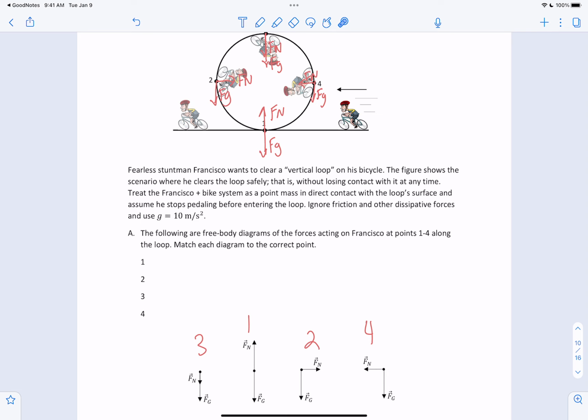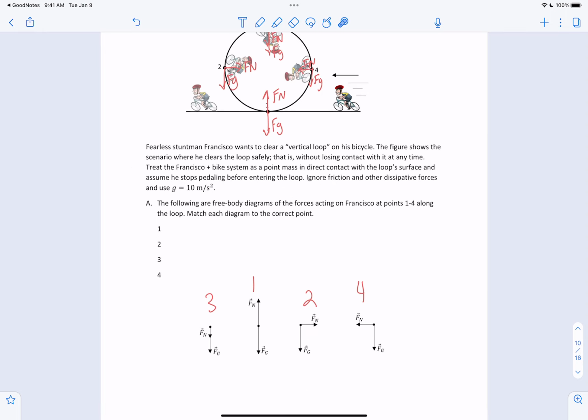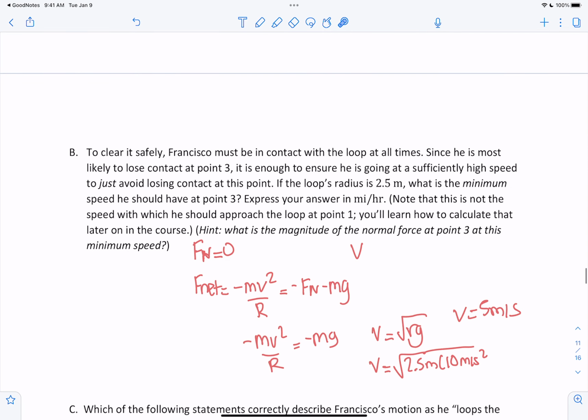And so that means we're not going to see a constant speed over the entire circular path. That's even why we say here that we're looking for the minimum speed he should have at point 3. He's going to go up there without pedaling, and so there's going to be a decrease in speed over time.